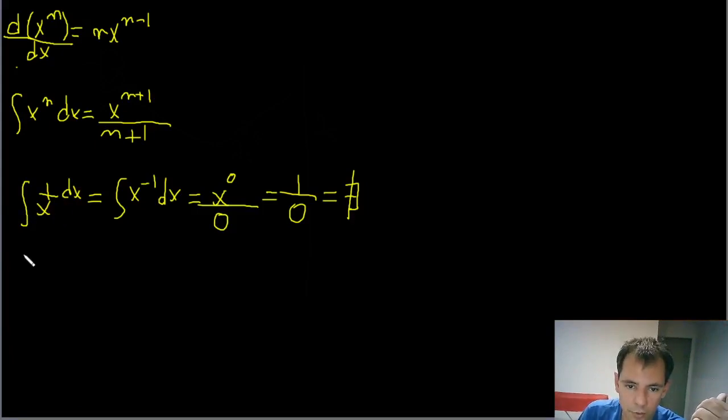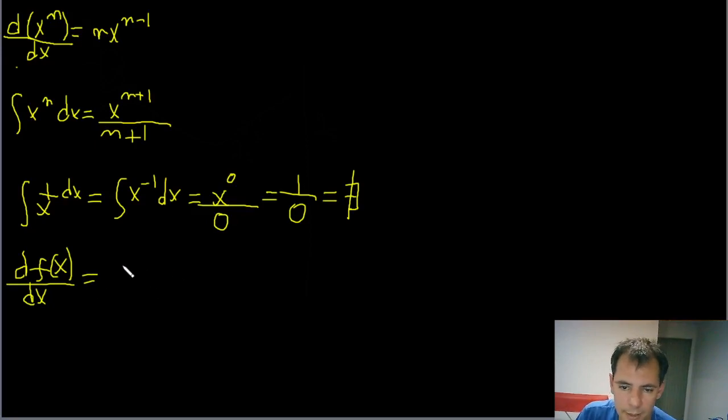So if you find a function f of x, actually I'm going to differentiate. You're differentiating a function f of x with respect to x, and this equals 1 over x.